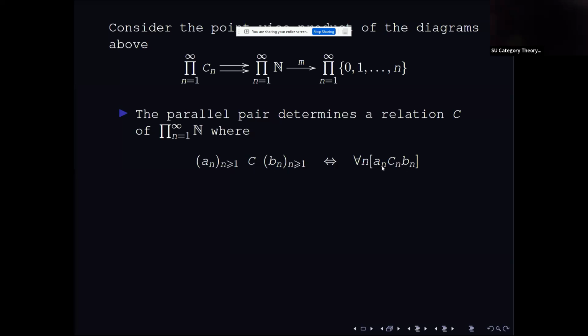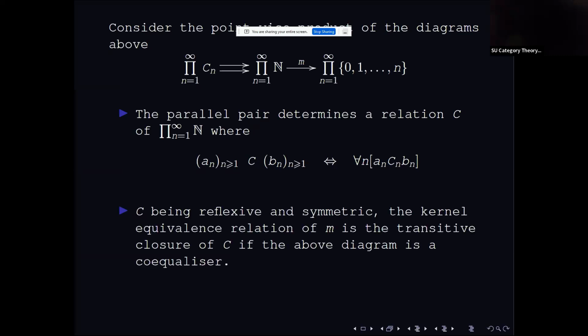So for all n, a_n is related to b_n by C_n. And C is also going to be reflexive and symmetric just because each of the C_n were. And so again, the congruence it generates will just be the transitive closure of C. And that's just to say that the kernel congruence of m is the transitive closure of C, if this was a coequalizer.